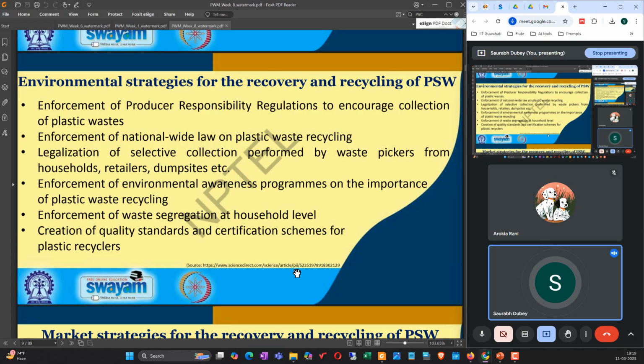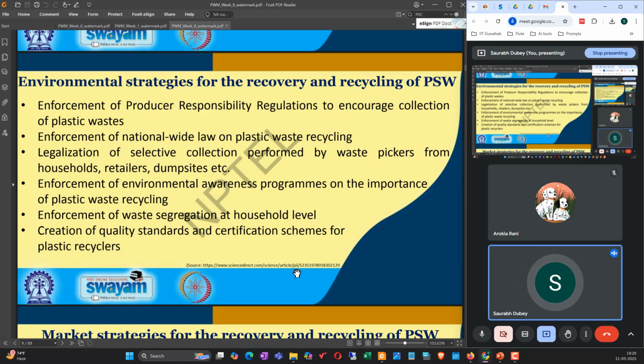And if not, lots of support has to be given from the government side in order to encourage that, so that some benefits are given to the producers, so that they do the recycling, not just the production, right?